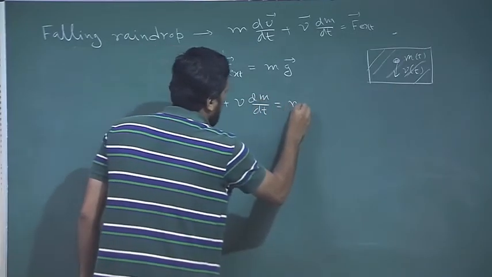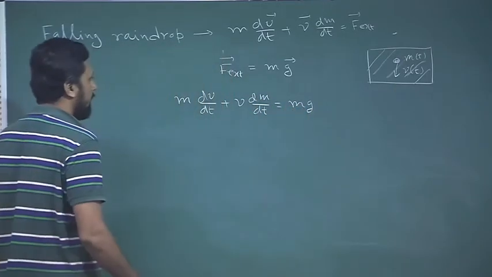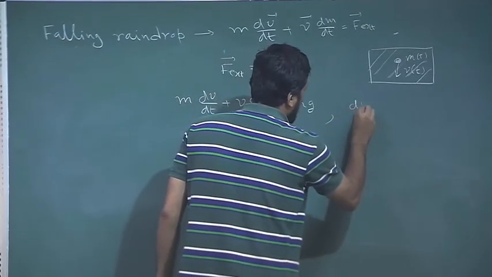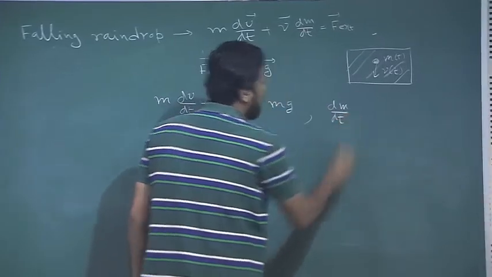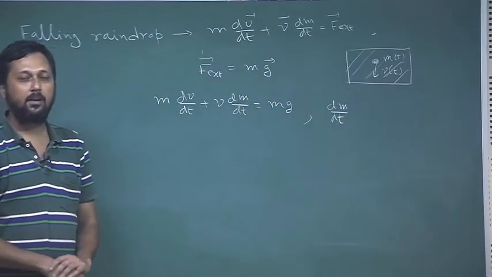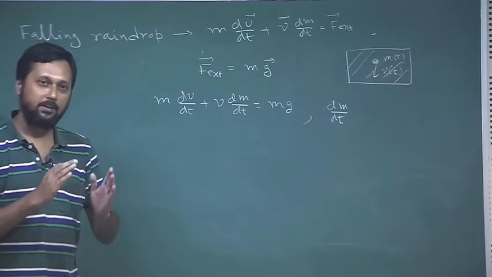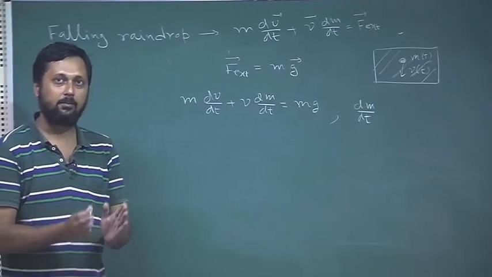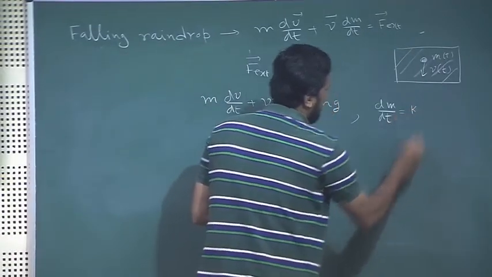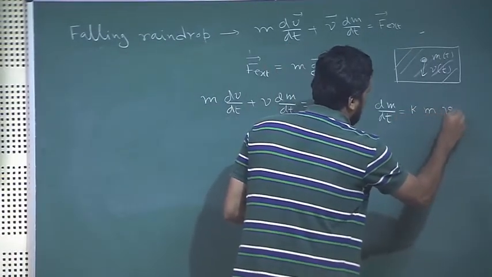equal to mg. Now, the second piece of information given is that dm/dt, the rate of change of mass for this particular raindrop, is proportional to the product of instantaneous mass and instantaneous velocity, and we can take this as some constant k times m times v.